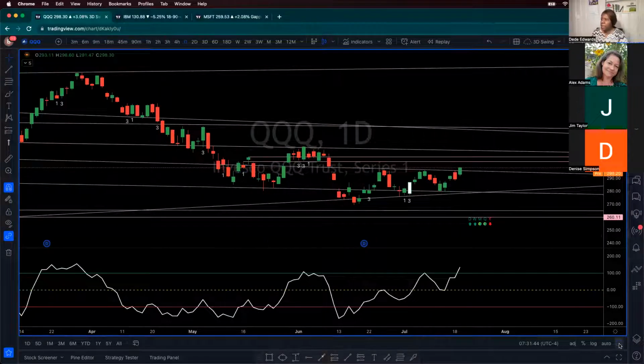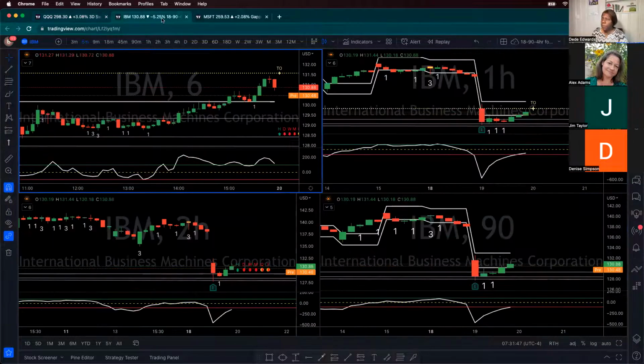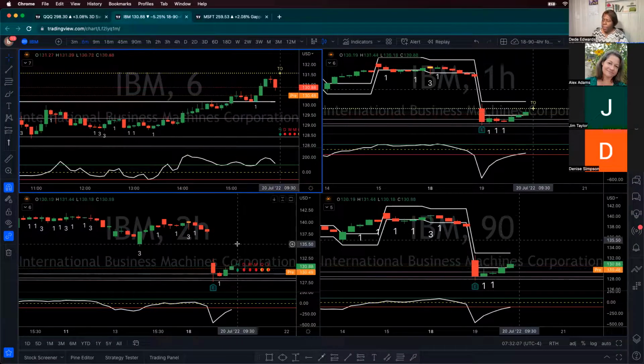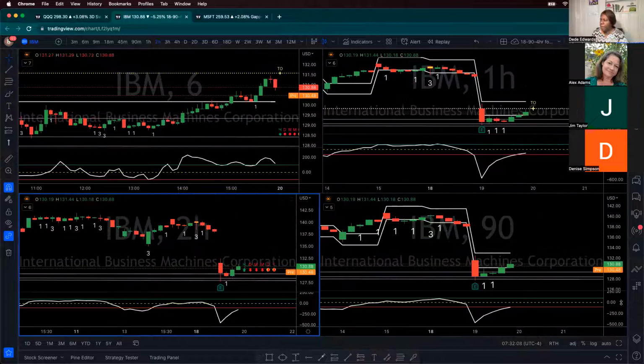All right, so keep our eye on that. But we're going to take a look at our trade from yesterday. We did something a little different. What I had talked about yesterday was not drawing broadening formations, but because IBM was a big gapper down, we went back and drew some broadening formations on IBM.